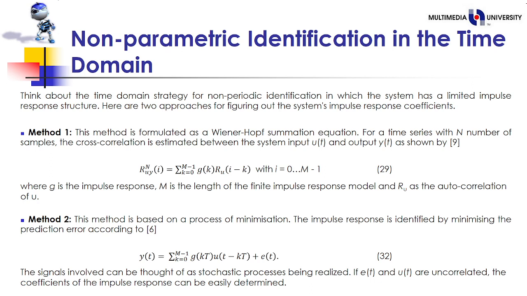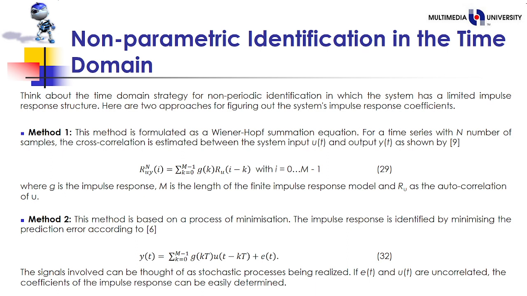Non-parametric identification in the time domain. I think about the time domain strategy for non-parametric identification in which the system has a finite impulse response structure. Here are two approaches for figuring out the system's impulse response coefficients. Method 1.